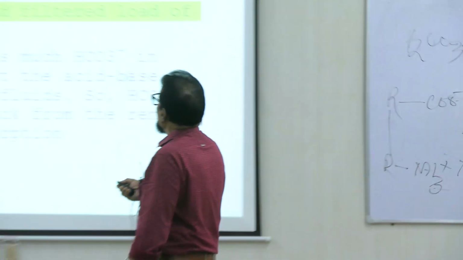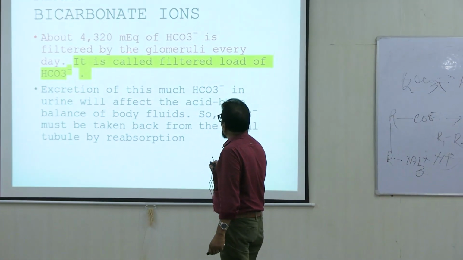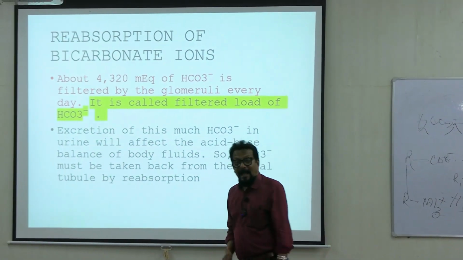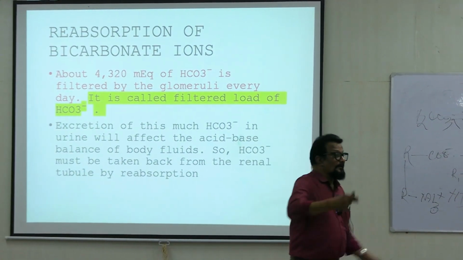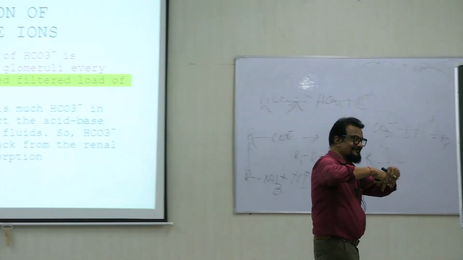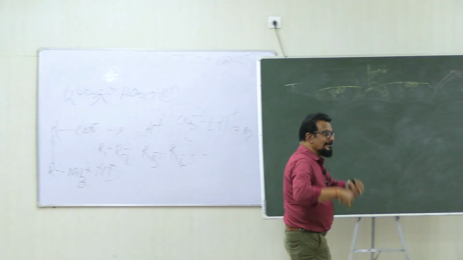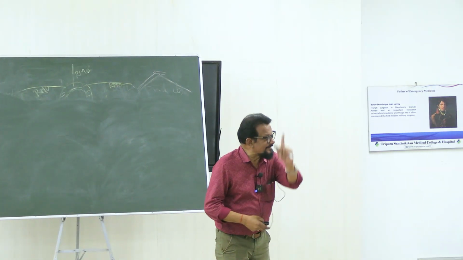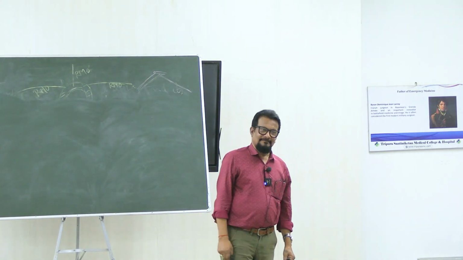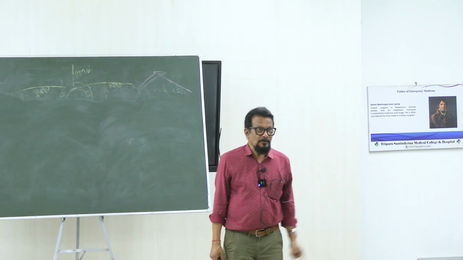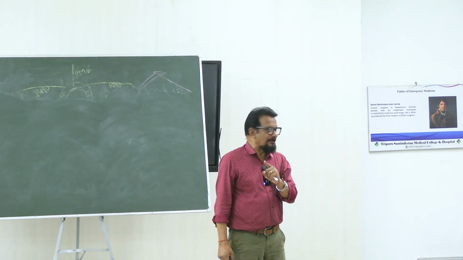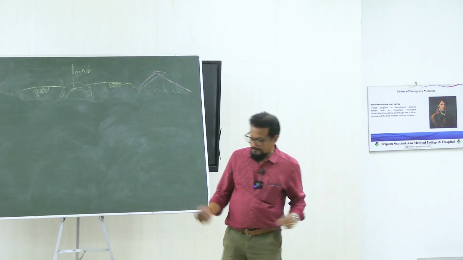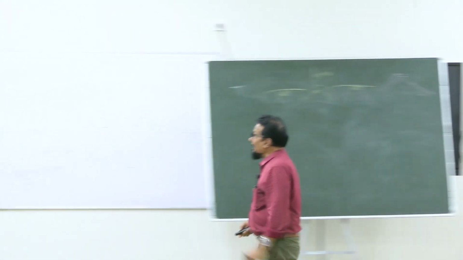See, this mass of bicarbonate ion is filtered throughout the day, and all of it is reabsorbed at the cost of hydrogen ion. Without the help of hydrogen, this is not possible.